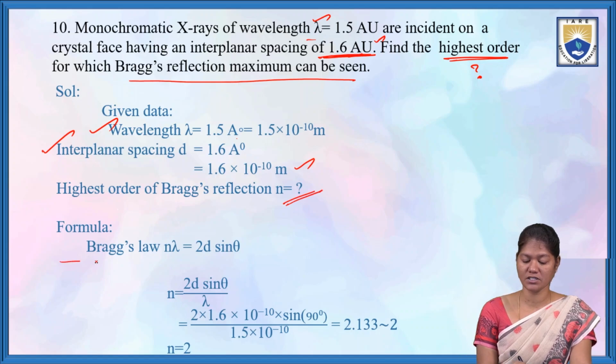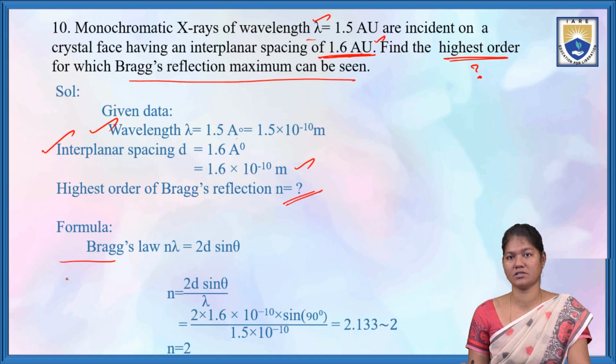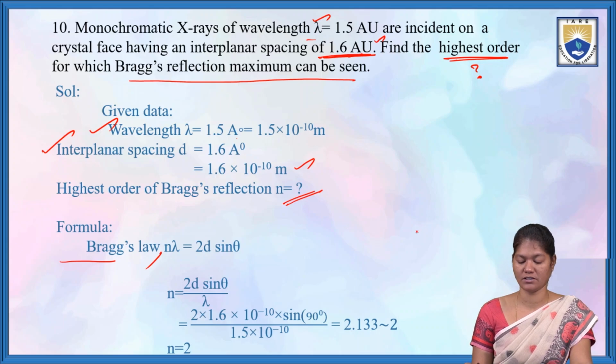For this, the formula is Bragg's equation: n lambda is equal to 2d sin theta.